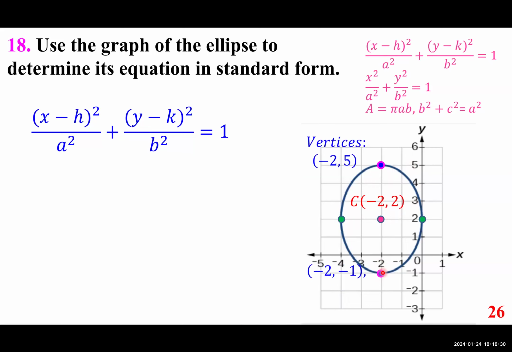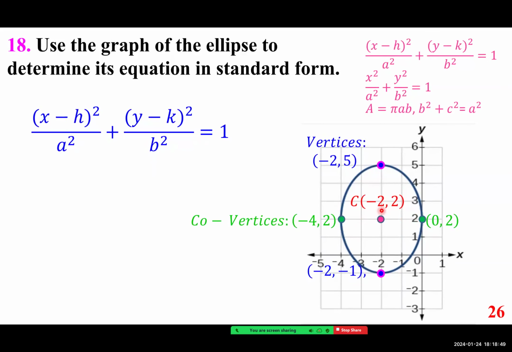And so right here, this distance is A, because this is larger than this distance. And if you notice, this has coordinates 0, 2. This has coordinates negative 4, 0.